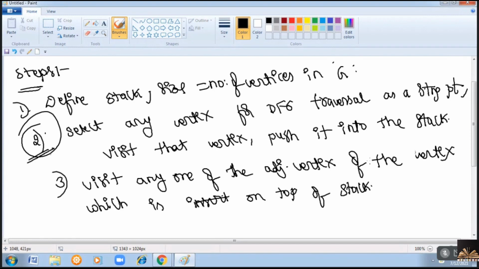Visit any one of the edges which is adjacent to the top of the stack, and that vertex should not be visited. If yes, then you can push it into the stack.